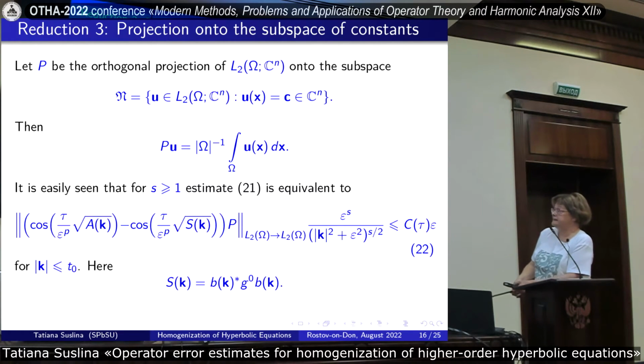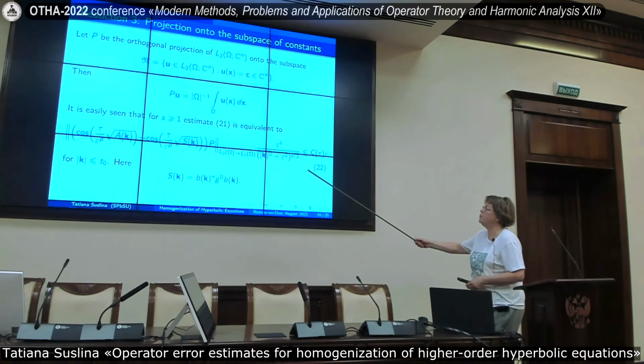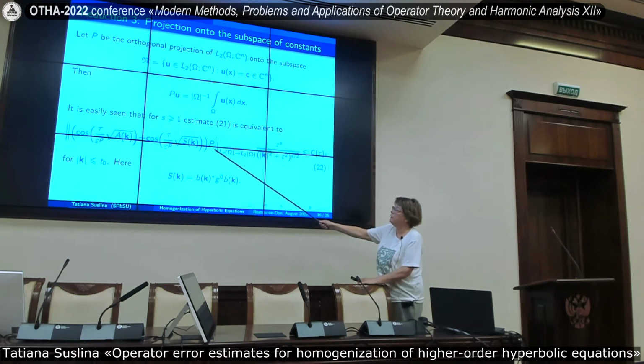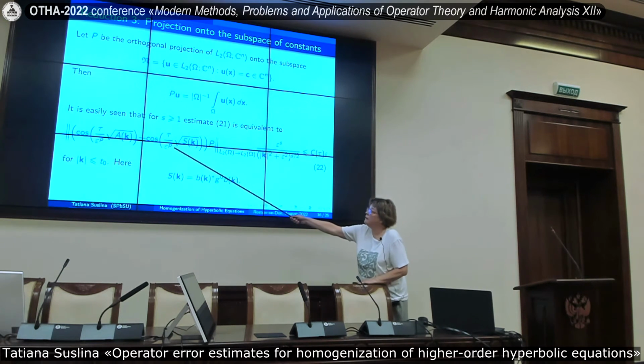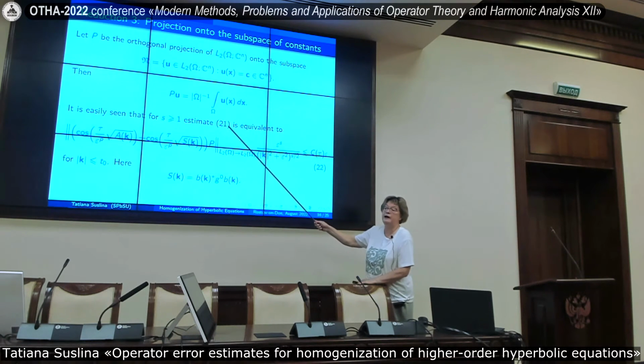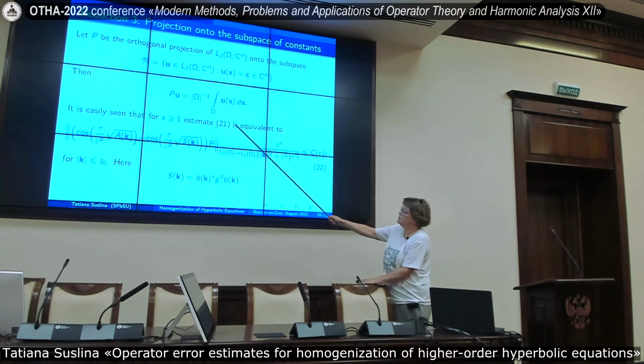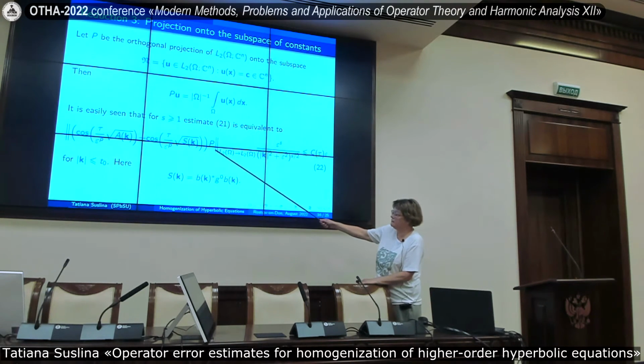And it's easily seen that the required estimate 21 is equivalent to estimate 22. What happens? We multiply the difference of operator cosines by the projection P onto constants. It can be easily shown that the remaining term with P orthogonal goes to error. So it suffices to consider this operator with P.